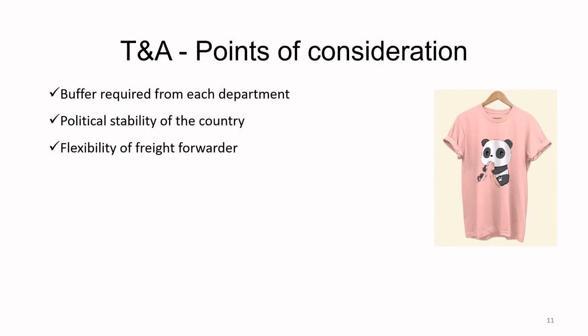If it gets delayed even by a single day, your shipment will not leave on the coming Sunday, it will leave on the next Sunday. So you will be delayed by at least 7 days.